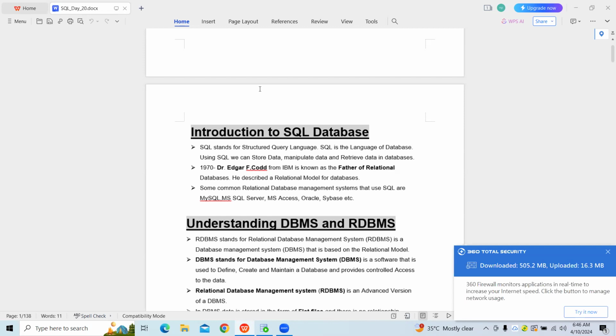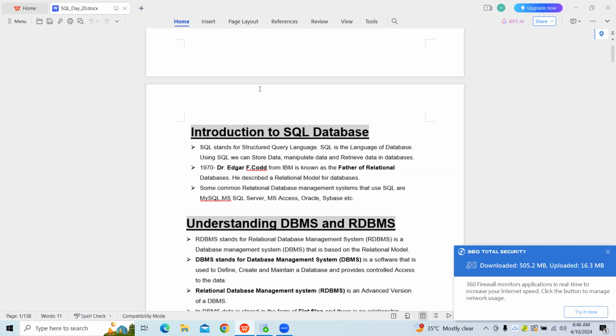And then, who has developed it? It was developed in 1970 by a person called Dr. Edgar F. Codd. He is the person who used to work for IBM. He is the one who proposed a language for all the databases. So databases are not using our simple English. He is the person who established the basic idea of creating a language.